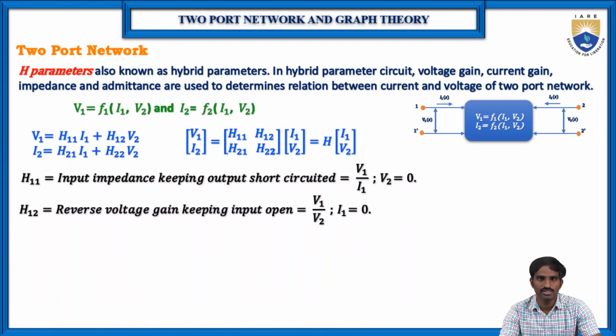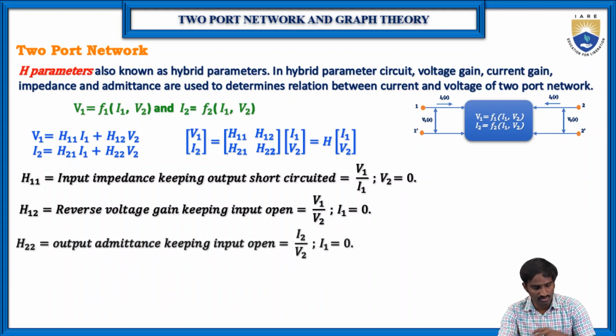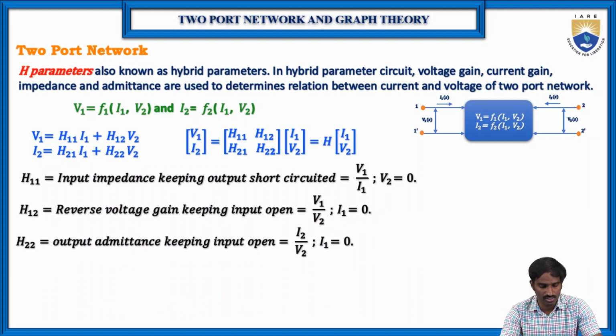Then similarly H12 is the reverse voltage gain keeping the input open circuit, which is V1 by V2 when I1 is equal to 0, which means the input is open circuit. Then similarly H22 is the output admittance keeping the input open circuit.